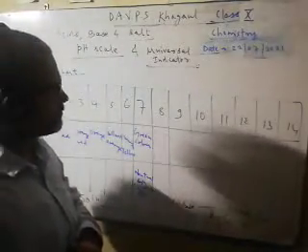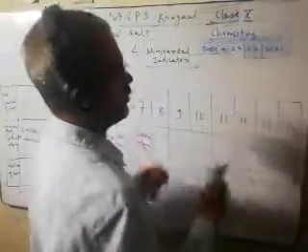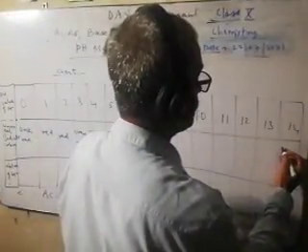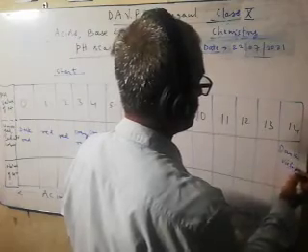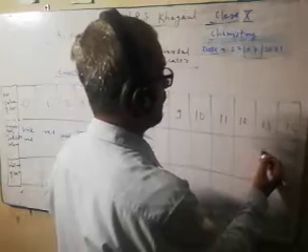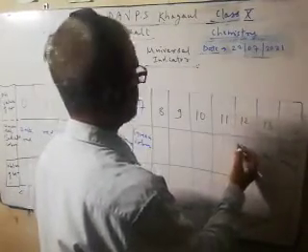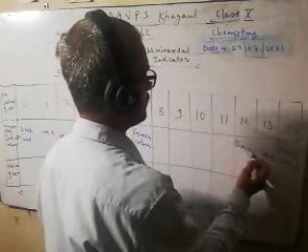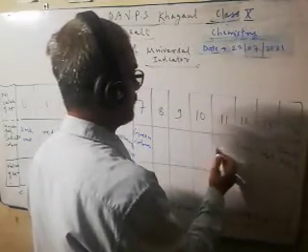Okay. Now for 14, what could it be? If pH value is 14, then universal indicator color will show dark violet. For 13, it would be violet. For 12, it could be dark purple. For 11, it is purple.